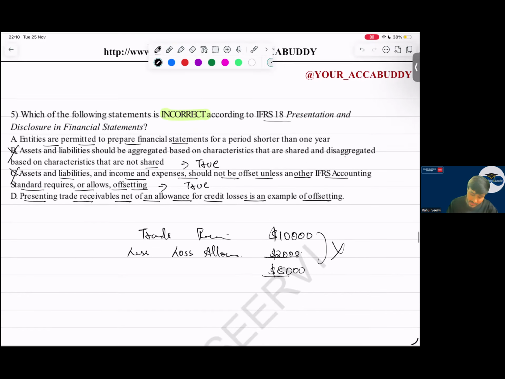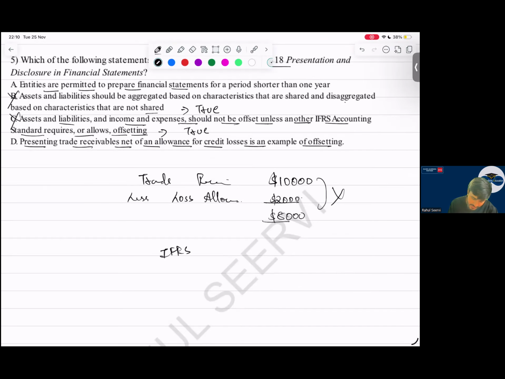No, beta. In IFRS 9, what did we learn? Offsetting means what? Offsetting means from one party we have a trade receivable and we also have a trade payable. That one is offsetting. The reduction in the value of the receivable is not offsetting, it is impairment. Like if you show depreciation, is that offsetting? Nahi baba. So this is also wrong, sir.